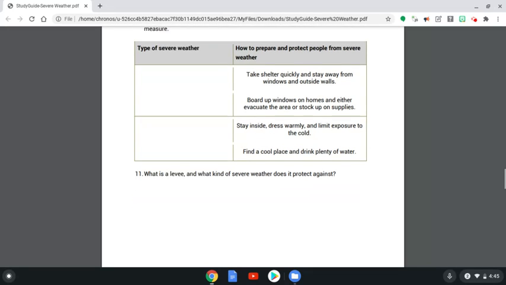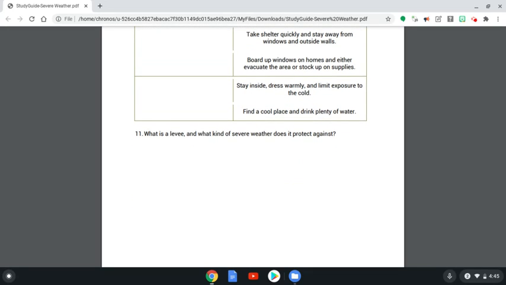What is a levee and what kind of severe weather does it protect against? A levee is a raised ridge built next to a river to prevent flooding.